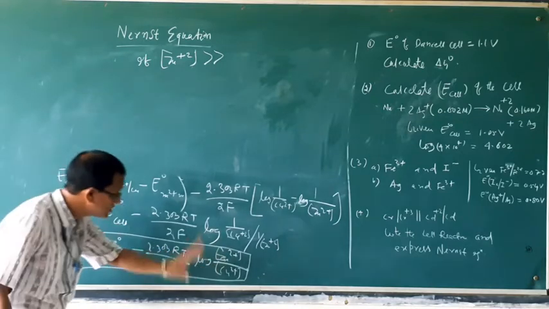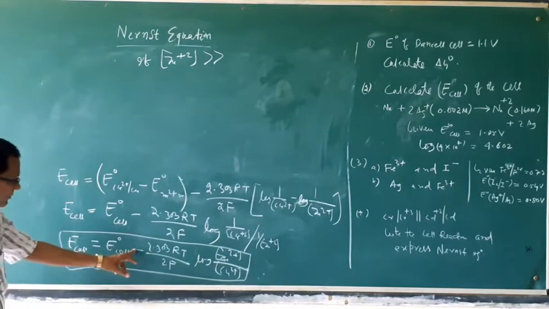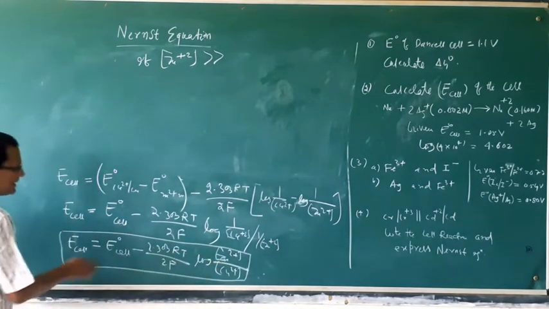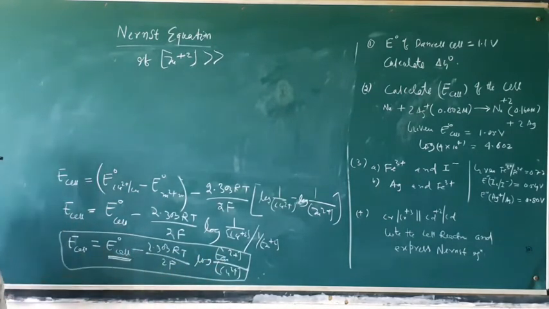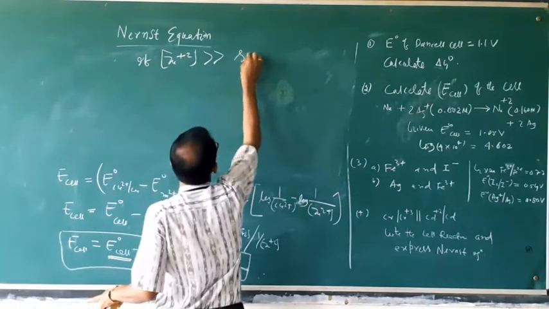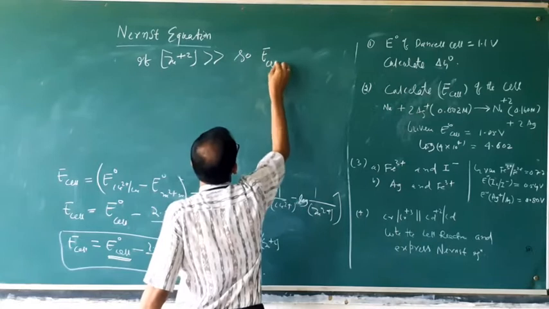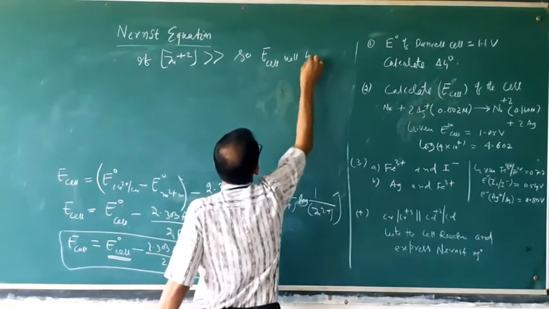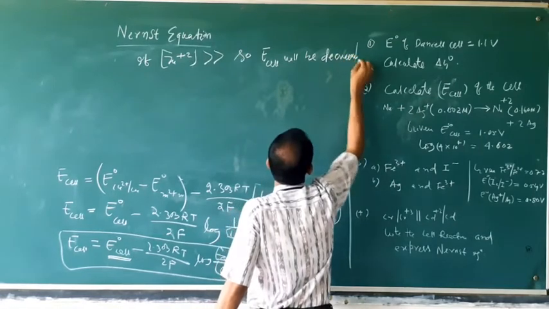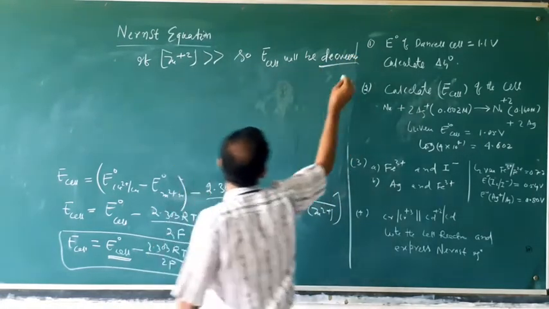If zinc ion concentration increases, then the minus value will increase. If the minus value increases, then E naught cell is a constant value, so E cell will decrease. Very important, it will decrease.